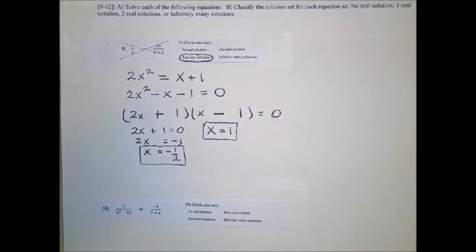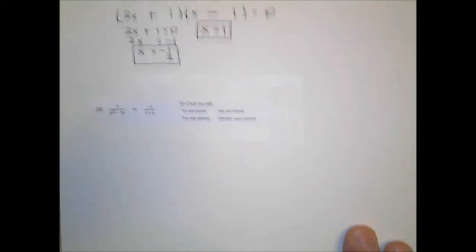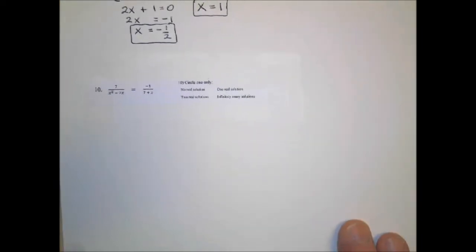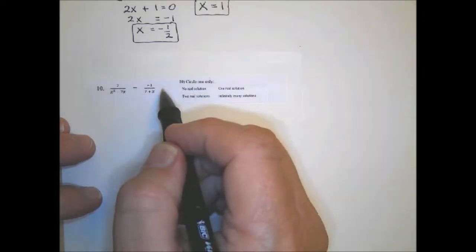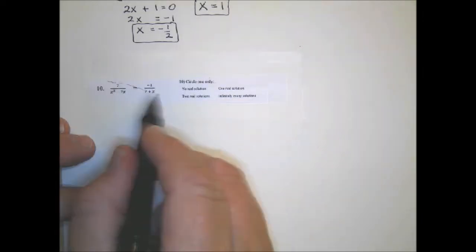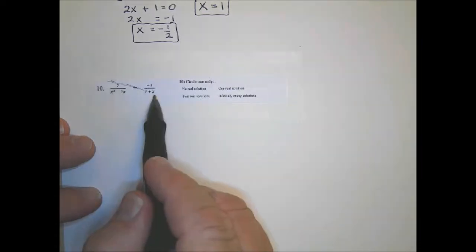Now moving on to problem number 10, a similar problem. I've got a fraction on the left and I've got a fraction on the right. So I'm just going to do my cross multiplication again, and again it doesn't matter which way you go first, so I'm going to go this way first. Now remember, that 7 needs to get multiplied by the 7 and the x.